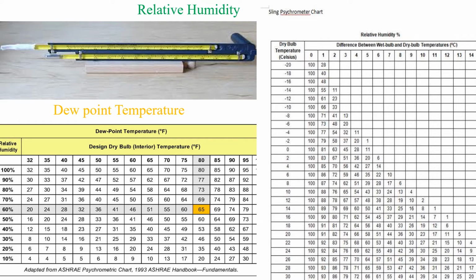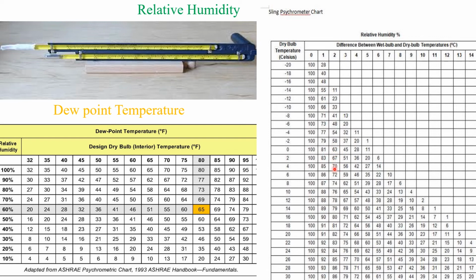We have the dry bulb temperature on this vertical line, and this line shows the wet bulb depression, meaning the difference between wet bulb and dry bulb temperature. If we have the wet bulb depression and also the dry bulb temperature, the intersection will give the relative humidity.